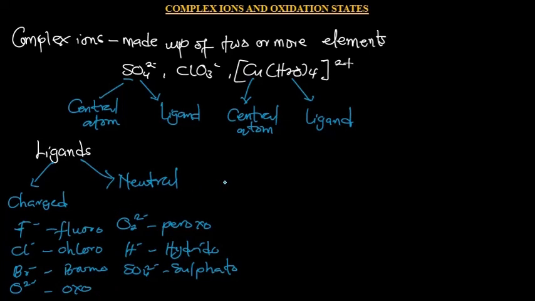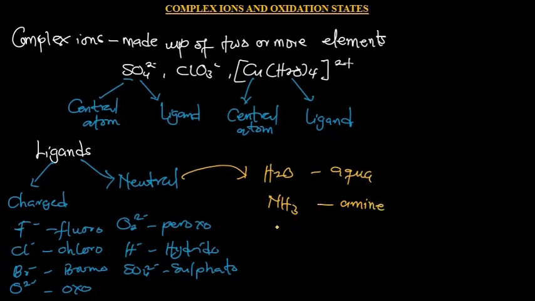Now we have the neutral ligands. The neutral ligands do not have any charge. We have water, which is referred to as aqua. Ammonia is also neutral. As a ligand, it is called ammine.